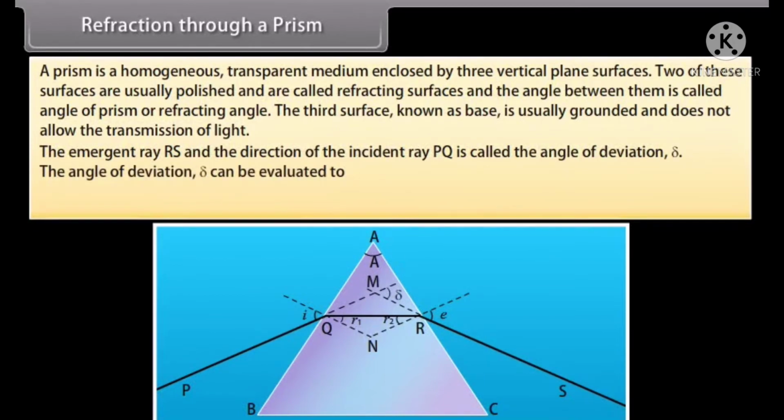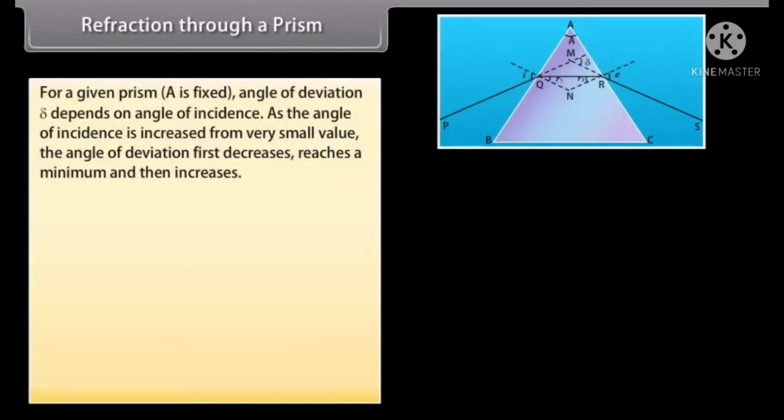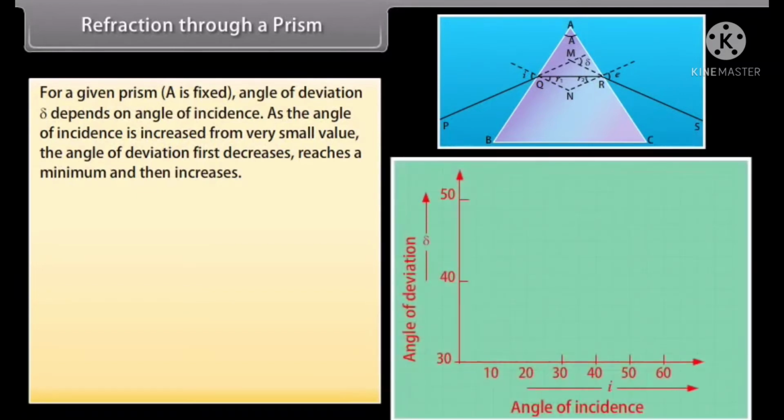The angle of deviation delta can be evaluated as delta is equal to i plus e minus A. For a given prism, A is fixed, so the angle of deviation delta depends on the angle of incidence. As the angle of incidence is increased from a very small value, the angle of deviation first decreases, reaches a minimum and then increases.